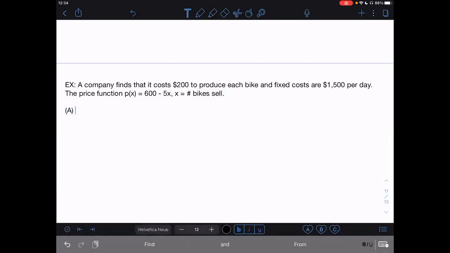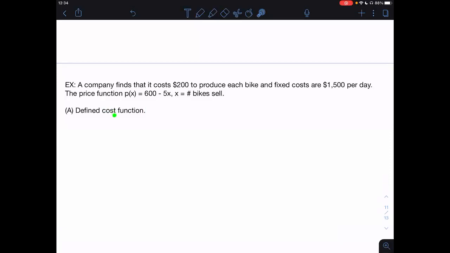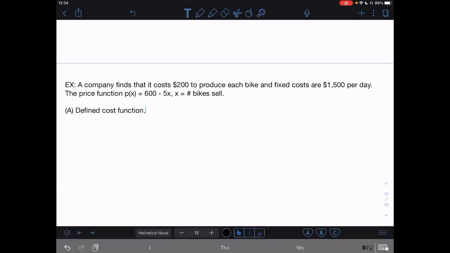Suppose for part A, we'll do several parts for this problem, let us define our cost function. What the cost function represents is the amount of money that we're going to spend to make x amount of units. So the cost function will be how much we're going to spend to make x amount of bikes here.